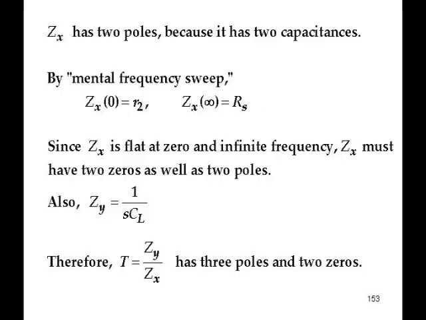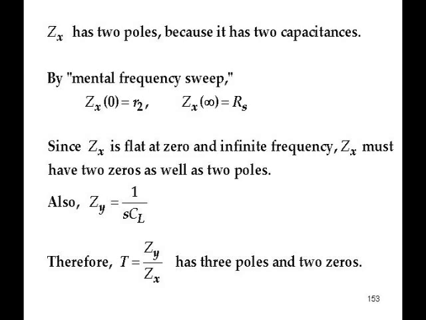But we also know that Zy is simply 1 over SCL, which is a single pole. So the ratio T has 3 poles and 2 zeros. That's a pretty complicated function. And that's why we get a potential instability.